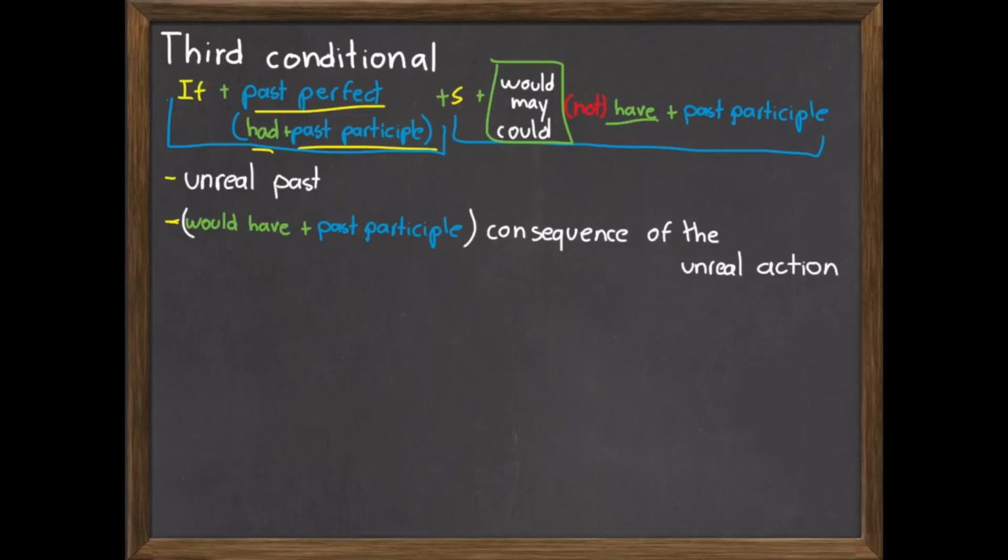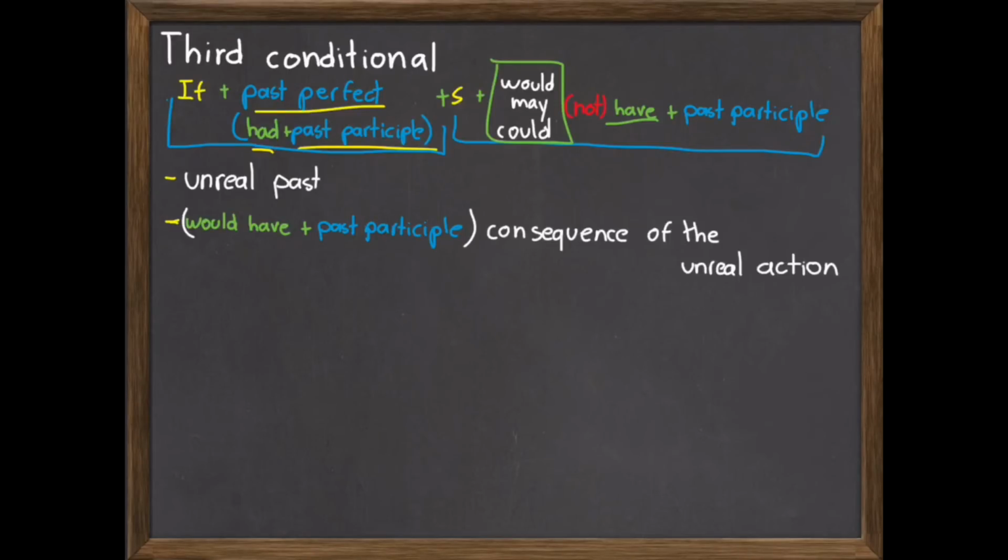For example, if they had found the cure earlier, many lives would have been saved. That means that didn't happen because the cure wasn't found earlier.